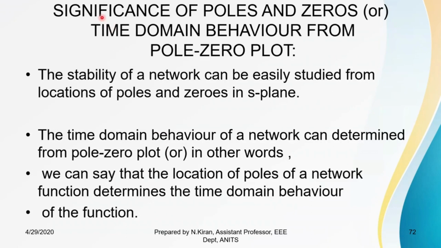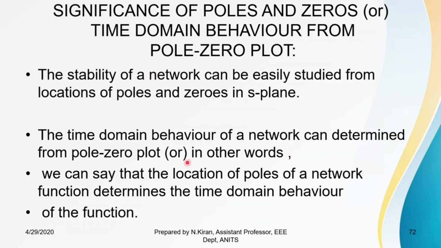Next is the significance of poles and zeros. Let us see what the behavior of the system is in the time domain from the pole zero plot. Before that we should understand that from the pole zero plot we can easily identify whether the given network is stable or not.